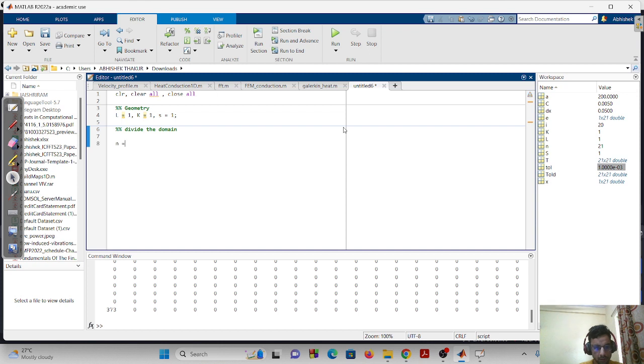Let's divide the domain into, let's say, 21 points, and that will give us the dx, the length between 2 points, as L divided by n minus 1. In MATLAB you can always print this. If you don't put a semicolon, it will give you the values.